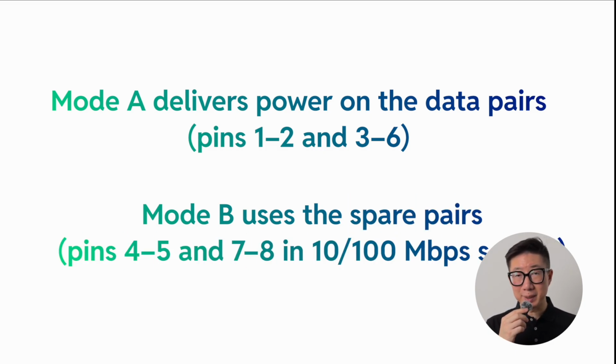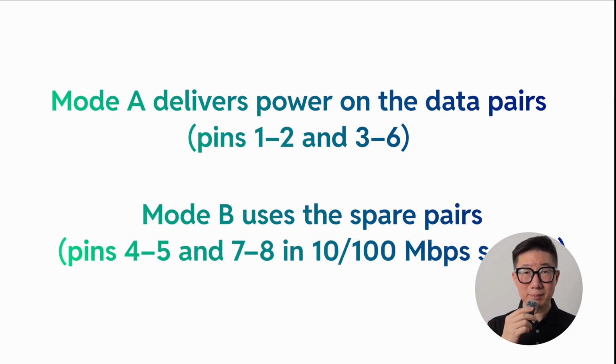Mode B uses the spare pairs, pins 4, 5 and 7, 8 in 10 and 100 megabits per second setups. IEEE compliant powered devices are supposed to accept either mode, but some older or non-compliant PDs are wired for just one. You will see specs like PoE input on pins 4, 5, and 7, 8. That means Mode B only.